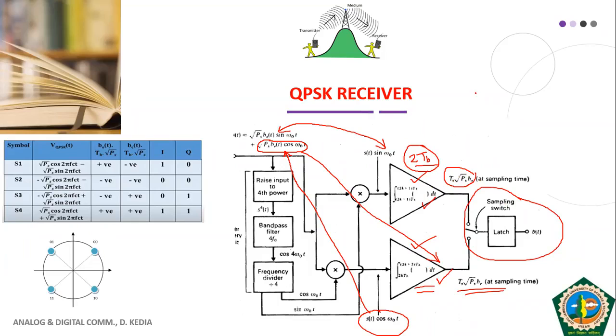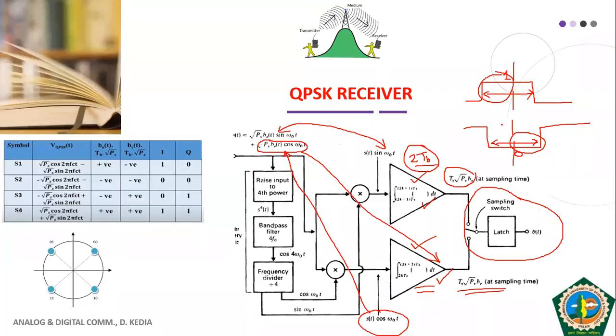So you can say that your even bit, say for example 1, was existing for twice the TB period like this, and your odd bit was present for double the duration, say this bit is 0 for this duration. So during this portion we extract 1 bit, and during this portion we extract another bit.